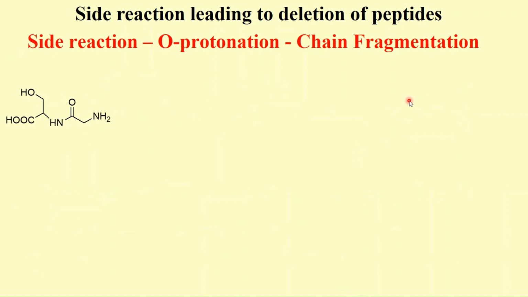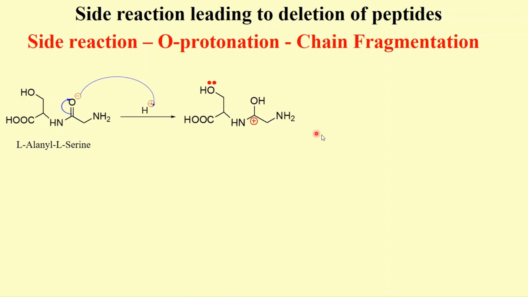Here, if I take L-alanyl L-serine, which has a carbonyl group, in the presence of the acid, electrons move towards the oxygen, which attacks the hydrogen plus and gets protonated, creating a carbocationic center at this junction.